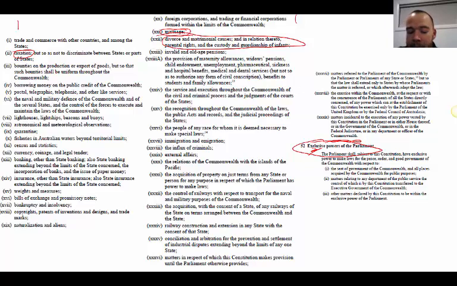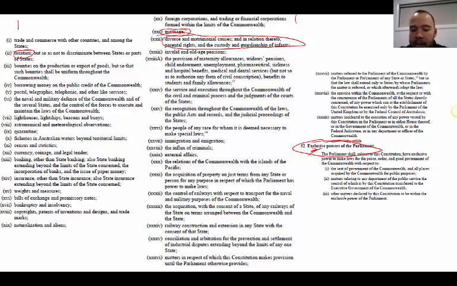Makes sense. Any matters related to the public service in any of these areas. Okay, so that's why we have Foreign Affairs Ministry, etc., etc.